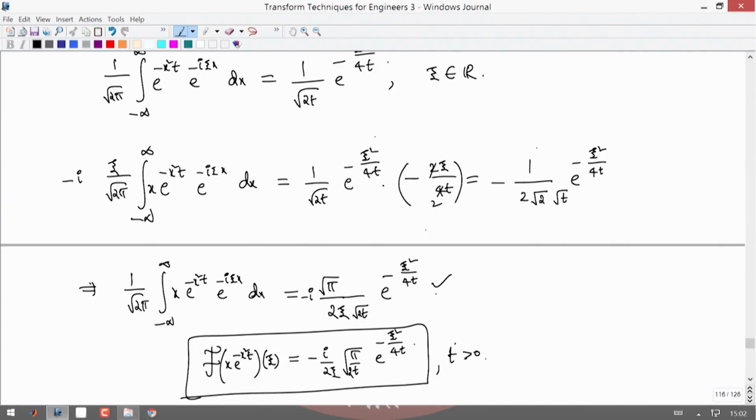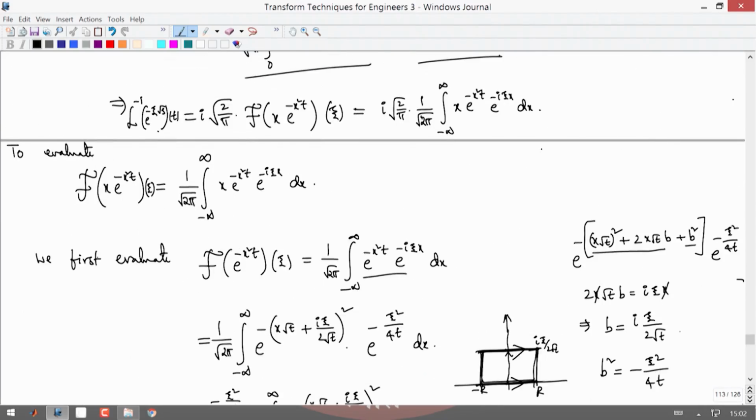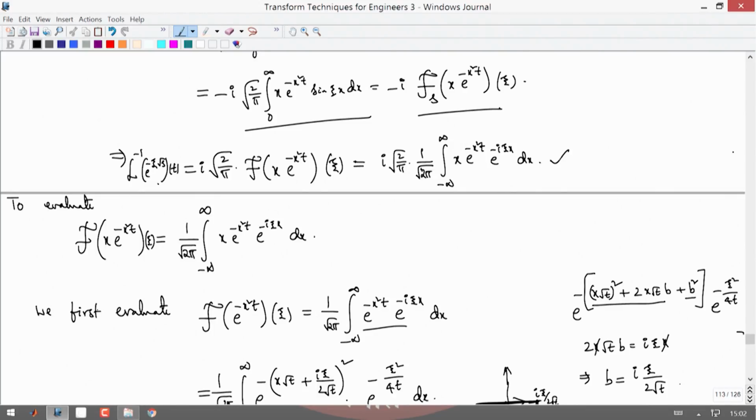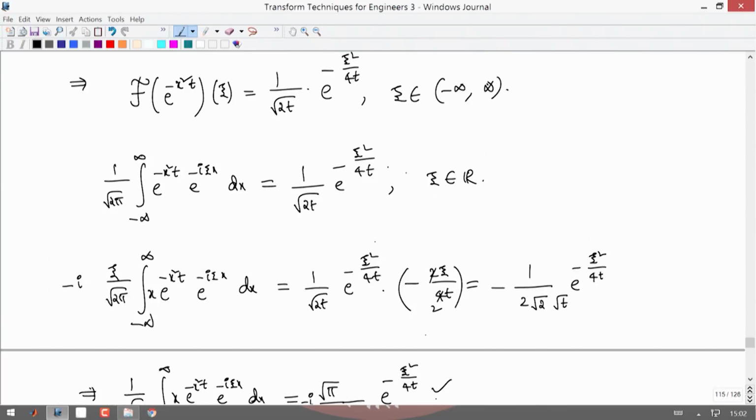Now, once we know this Fourier transform, the Laplace inversion will be I times root 2 by pi times whatever we have got. Let me write that.